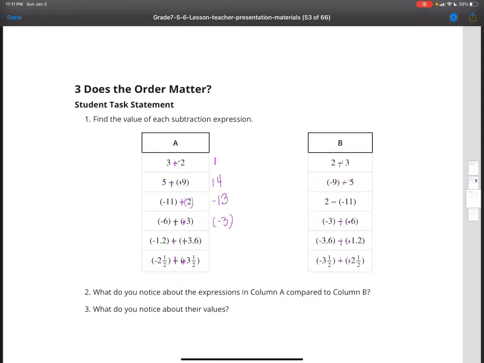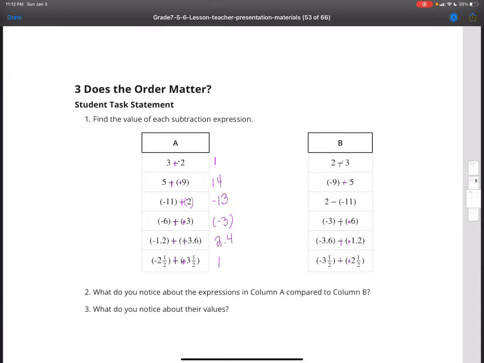For this one, you have -1.2 or -1 and 2/10 plus 3 and 6/10 will give me 2 and 4/10. Okay. So then for the next one is -2 and 1/2 plus 3 and 1/2, which will leave me with just 1.